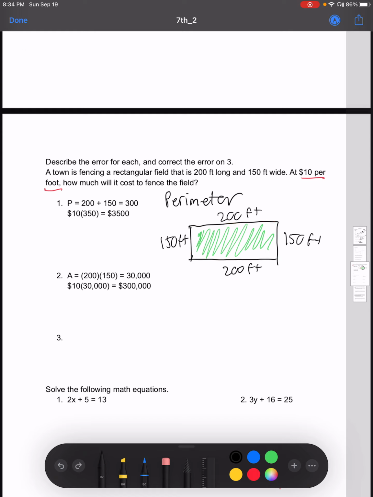So instead of doing only one 200 and one 150, we would have to add two 200s and two 150s. So it would look like that. This would give us the total perimeter, and that comes out to be 700 feet. And if we know that it's $10 per foot, we can just multiply it by $10 to get our total cost to fence the field, and that would actually be $7,000, double what they got.